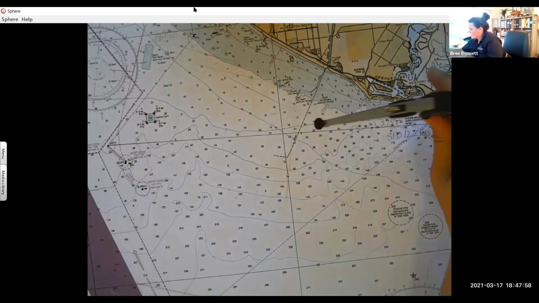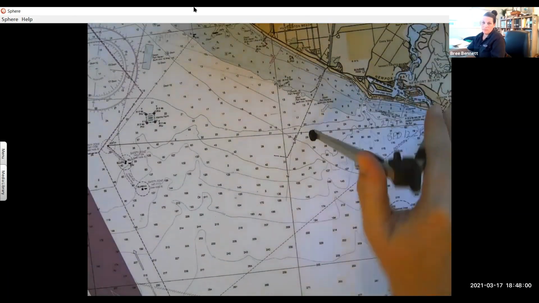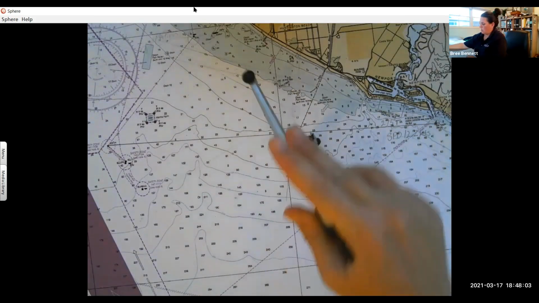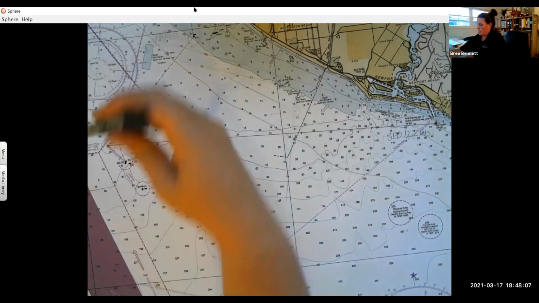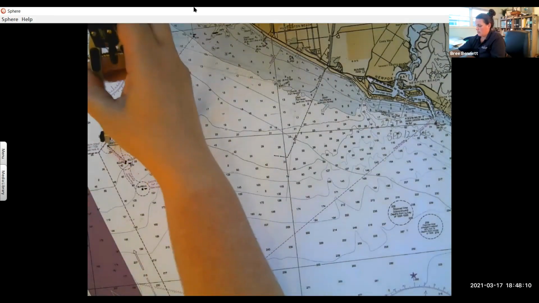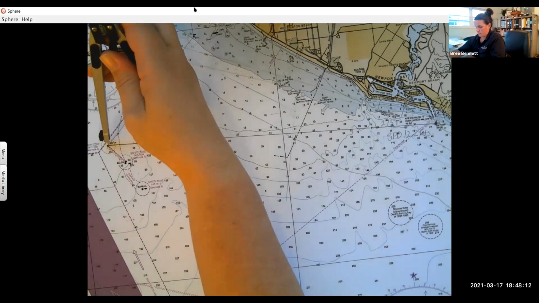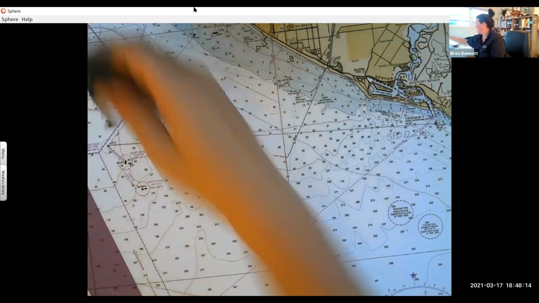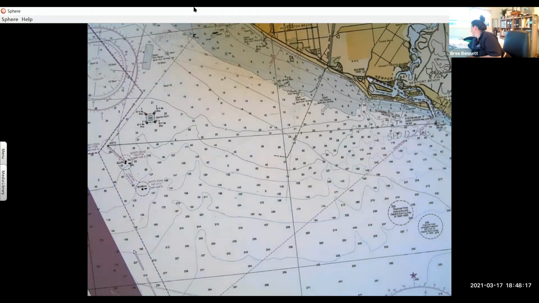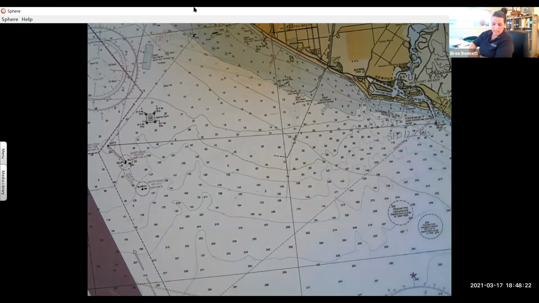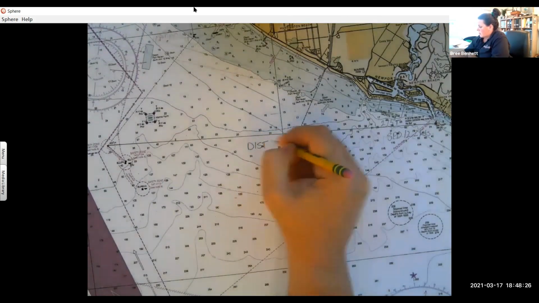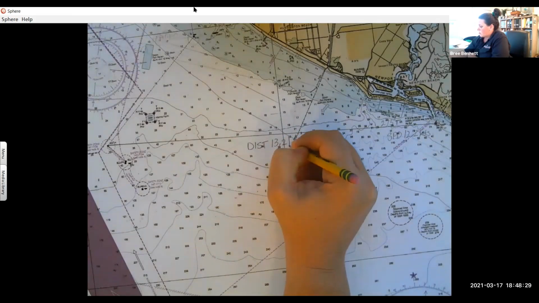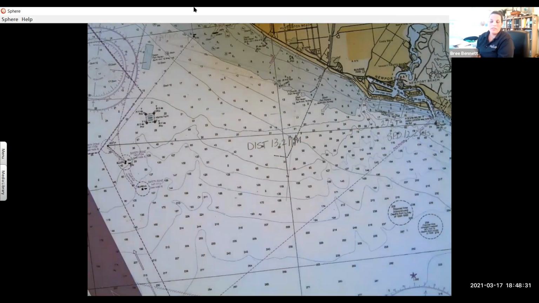And calculate 5, 10. 10 plus, let's see, 3.2, so that would be a distance of 13.2 nautical miles.